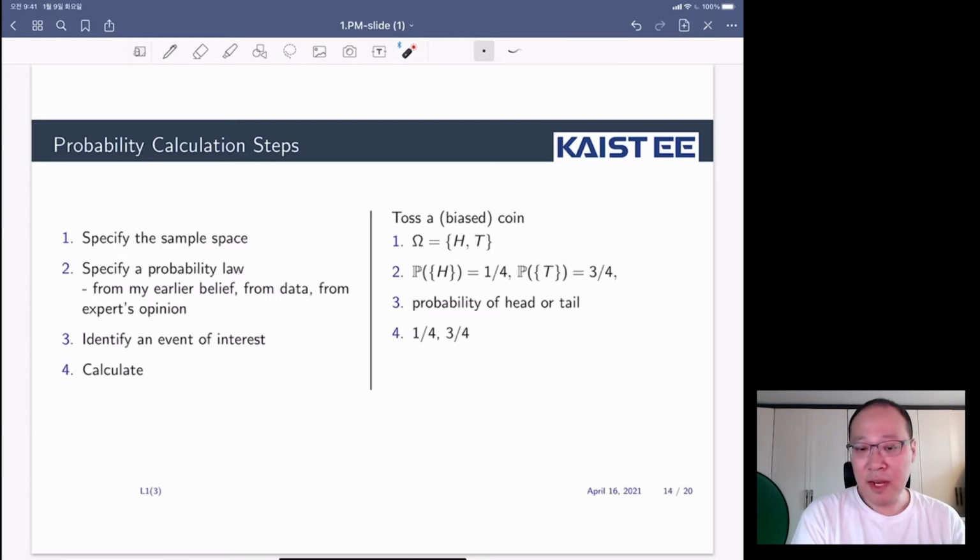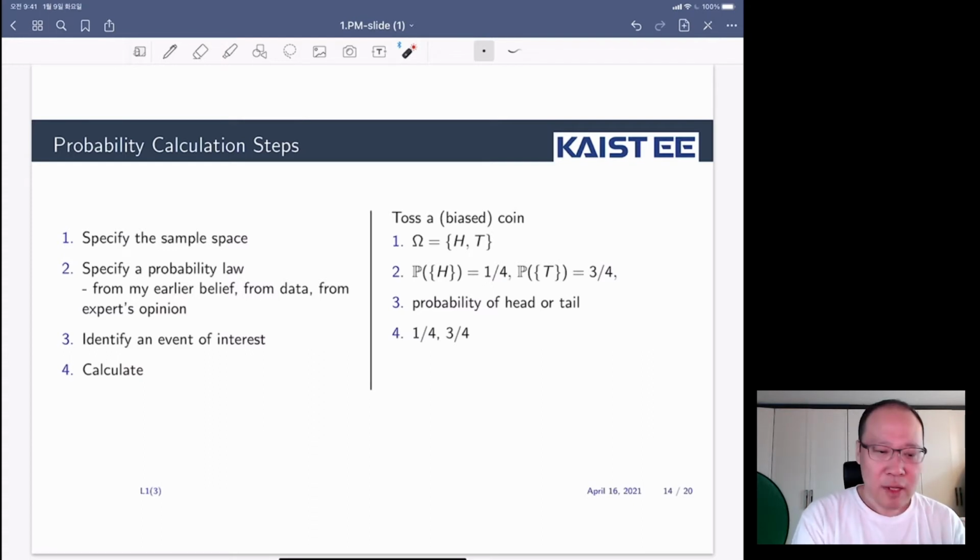What is the probability law? Assigning some numbers to each event. Here in this case, because we're talking about the discrete case in this example, it's enough to assign the numbers to each outcome. And how can we specify the probability law? Well, that's coming from some model or my belief or some data or some expert opinion.